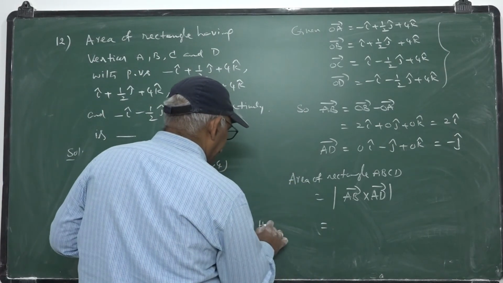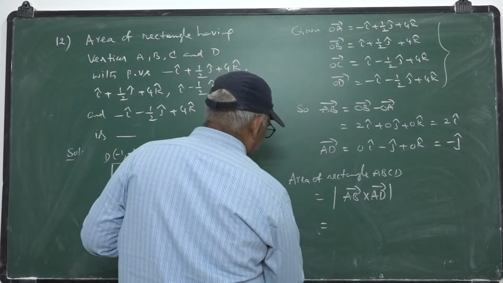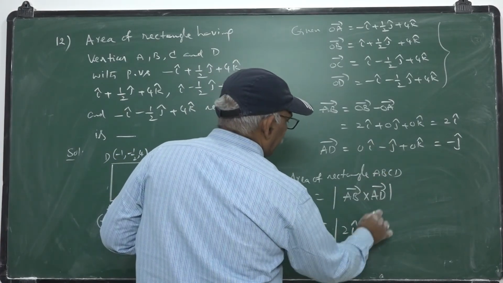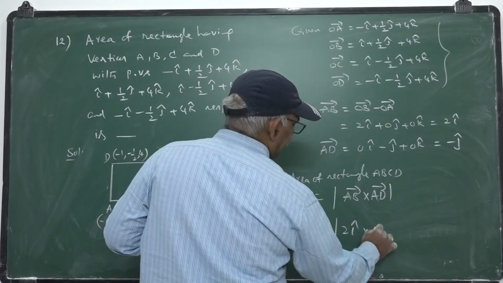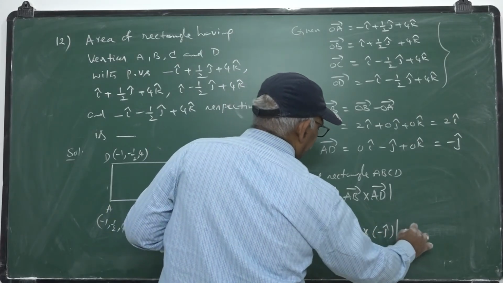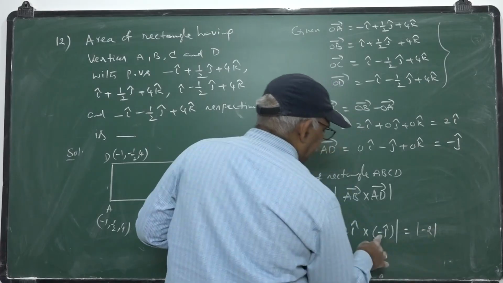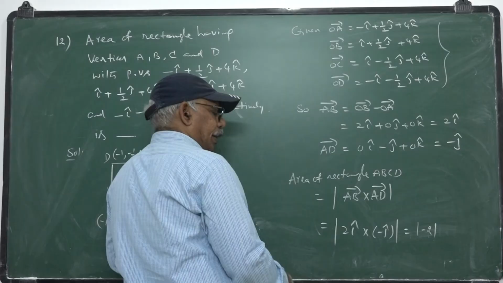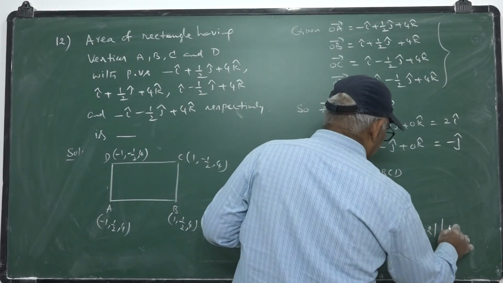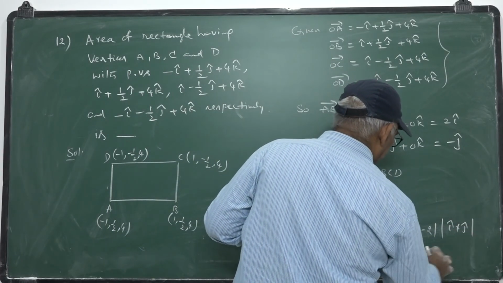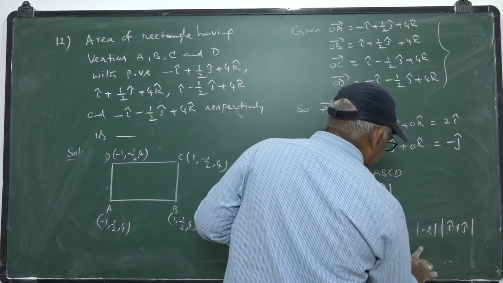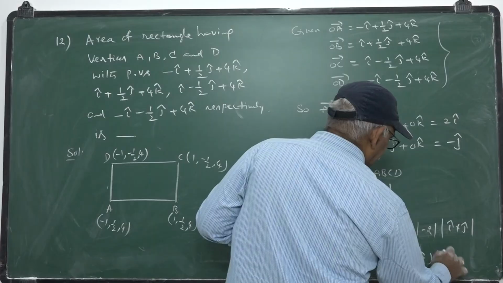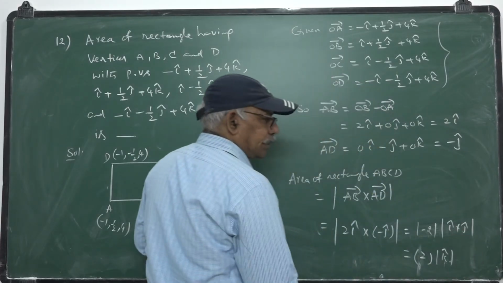Here, AB bar is 2i, cross AD bar is minus j, that is minus 2 times the modulus of i cross j. Modulus of minus 2 is 2, and i cross j is k.